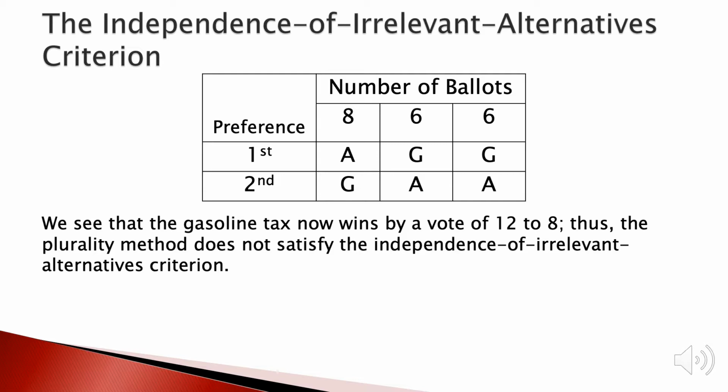So we have a new preference table containing A and G. Then we find G wins the election because it has the most first preference votes. So the independence of irrelevant alternatives criterion is not satisfied because the removal of H changes the voting results.